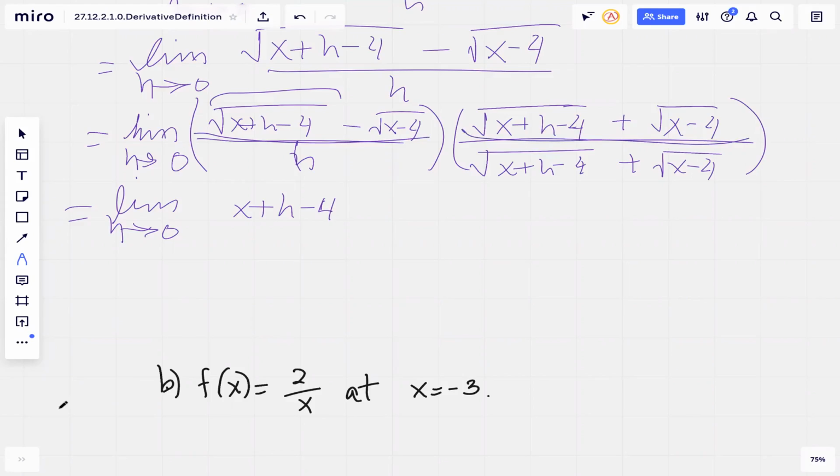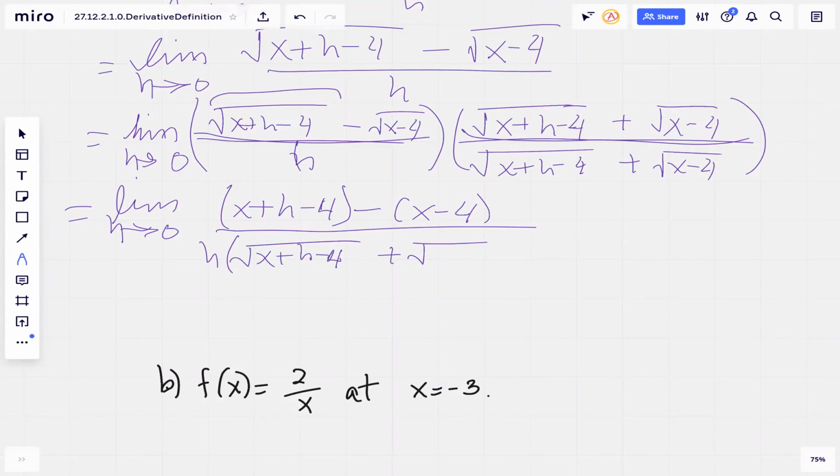So the cross term disappears, and we're left with x plus h minus 4 minus the square root of x minus 4 times the square root of x minus 4, which is x minus 4. So we have x plus h minus 4 minus x minus 4, all over h times the square root of x plus h minus 4 plus the square root of x minus 4.